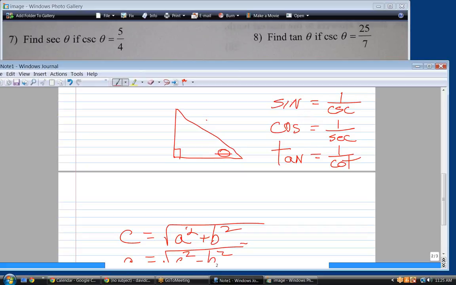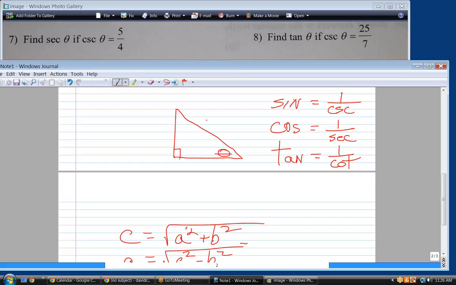Notice that we have our 3 primaries, sine, cosine, tangent, and we certainly know that cotangent is the reciprocal of tangent, right? That's easy to remember. So the only difficult ones to remember are the sine and cosine. In other words, does sine go with cosecant or with secant? And does cosine go with secant or cosecant?